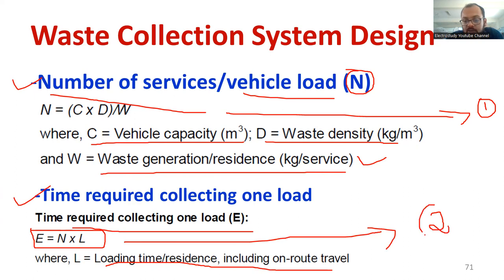Please number all the equations so that we can easily recall them. We require the time for collection of one load, and for that I need the number of services and the loading time. These two things are required, that means E is equal to N into L. You can note this formula down separately so that it is clear for the forthcoming steps.